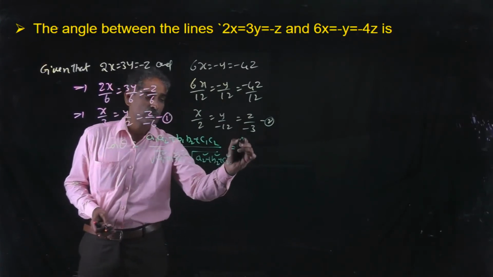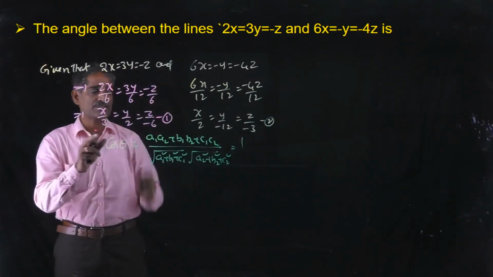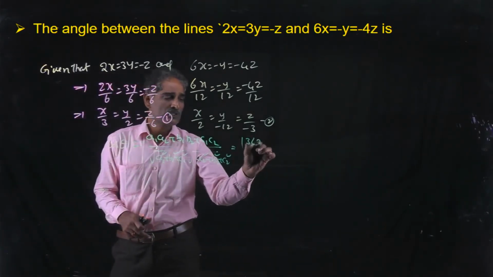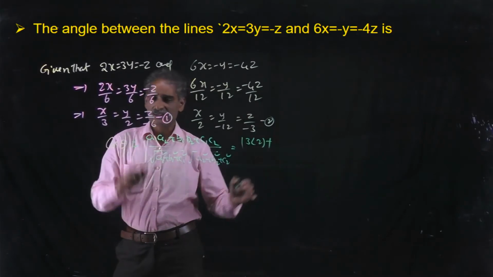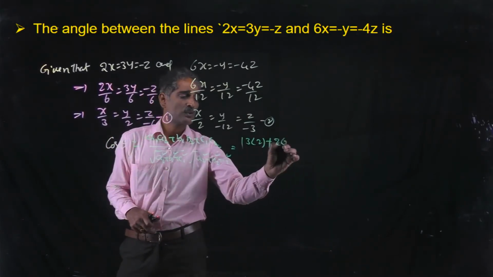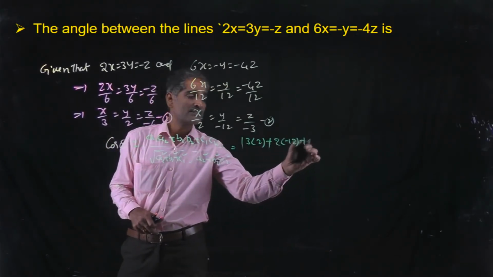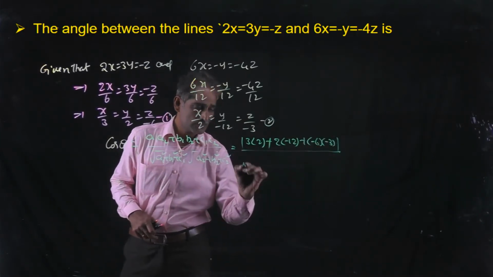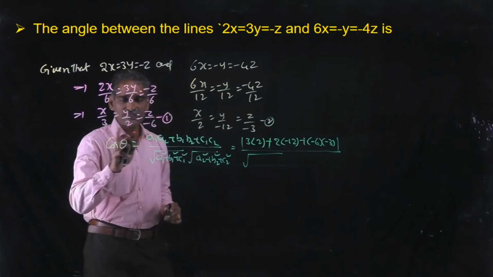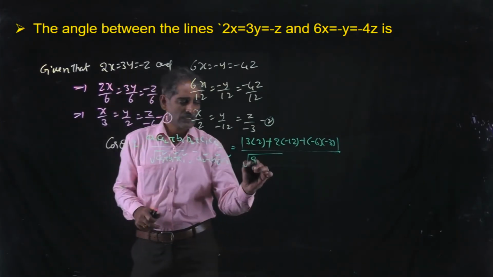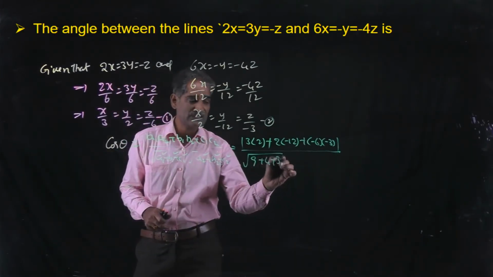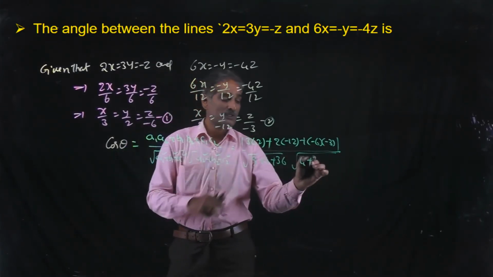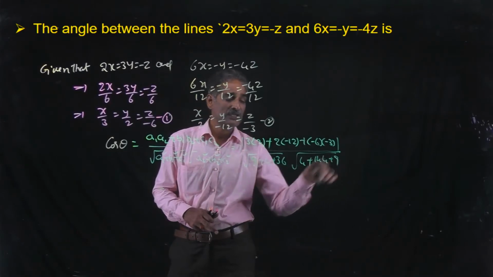Just applying the formula for these two lines: 3 into 2 plus 2 into minus 12 plus minus 6 into minus 3, by root of 9 plus 4 plus 36, into root of 4 plus 144 plus 9.